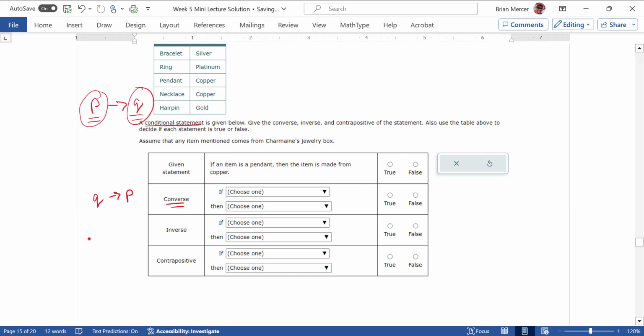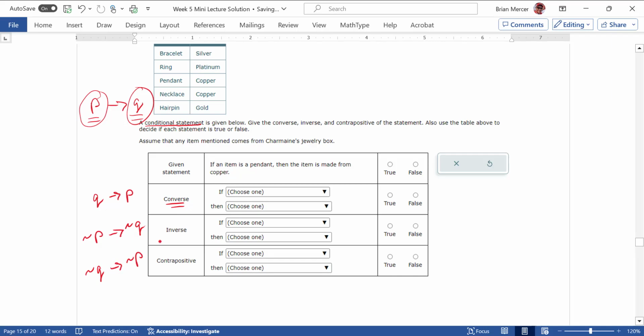So the inverse is saying, well, not P implies not Q. And then the contrapositive comes from reversing the order and negating each of them. So the contrapositive is not Q implies not P.